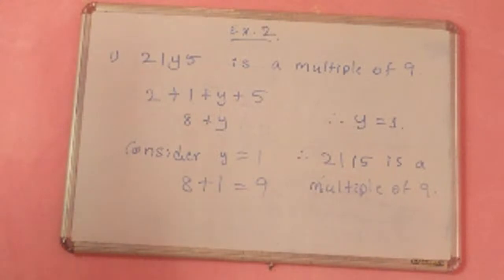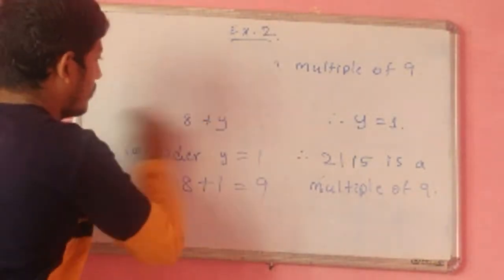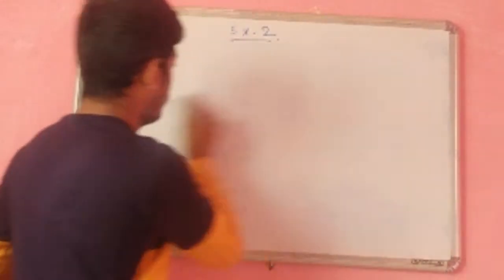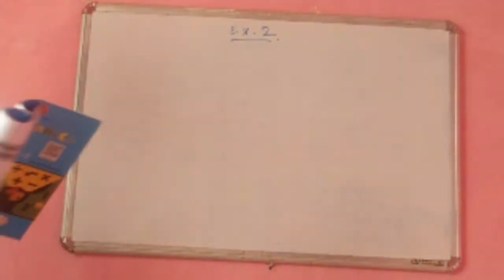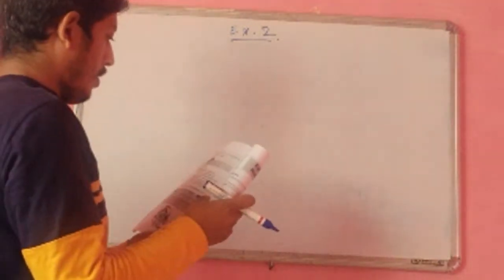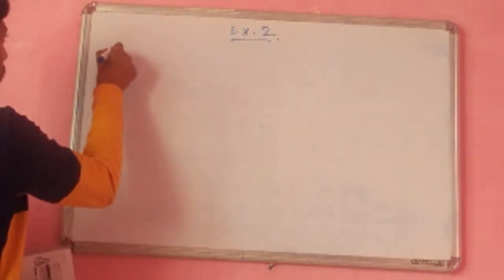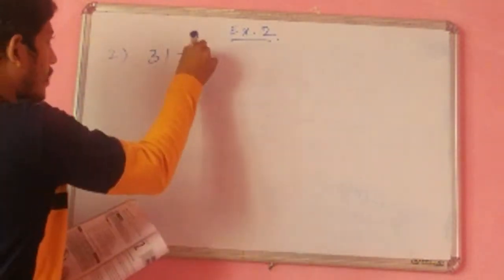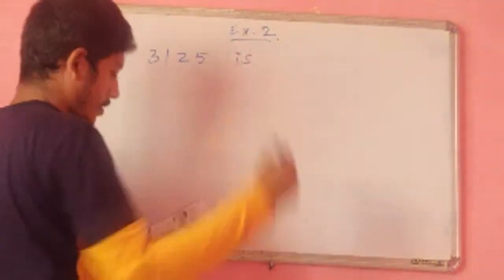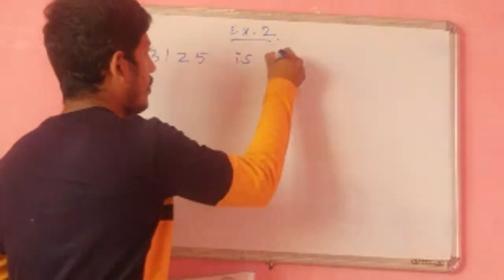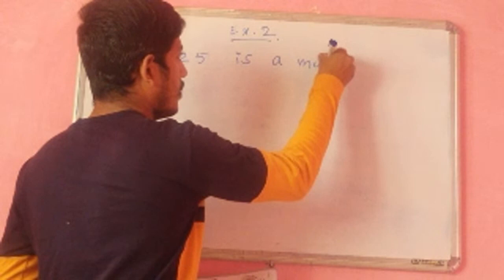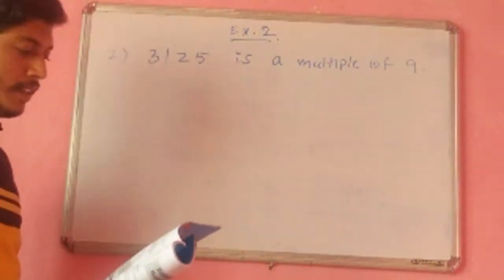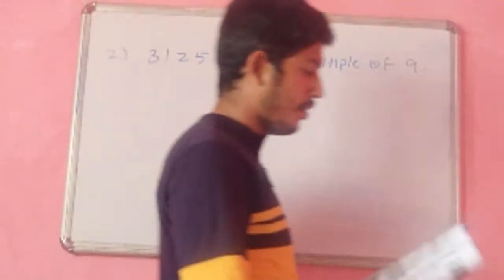Then the second one, again 31z5 is a multiple of 9, where z is a digit, what is the value of z?